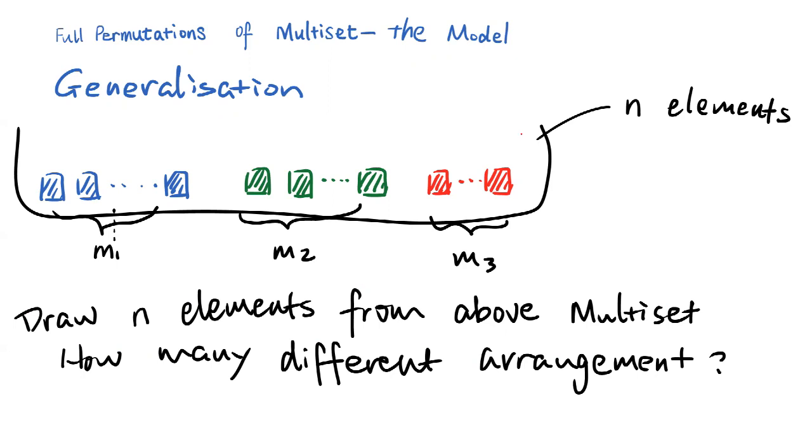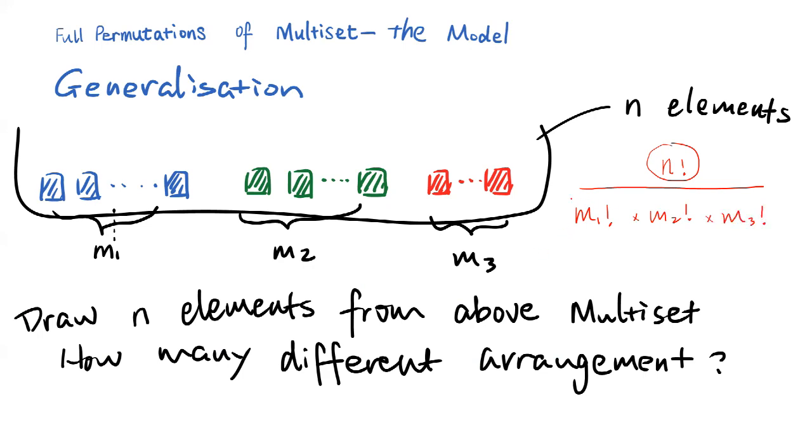Actually, the method to solve this is similar to what we used in the previous example, right? We can directly say the total number of permutations is n factorial if we consider all the elements as different, as distinct. And because some of them are identical, we need to divide this number by m1 factorial times m2 factorial times m3 factorial, right?